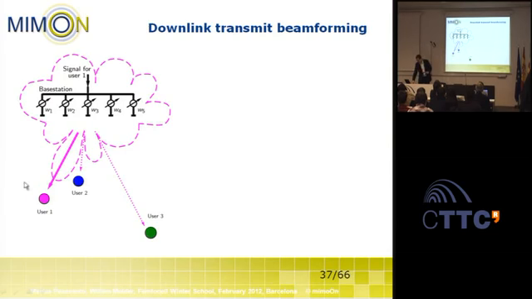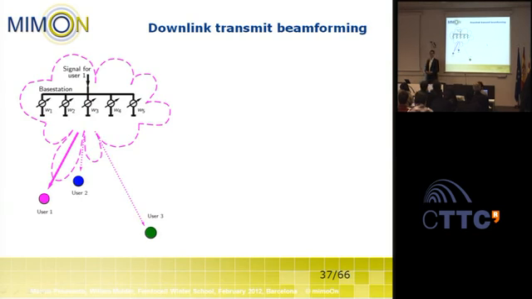So we see here that we design this beamformer such that the signal strength at the user that we want to serve is large or maximized, and the signal strength towards those directions of the other users that are connected to the femtocell should be much smaller.